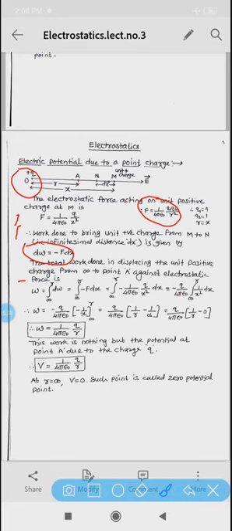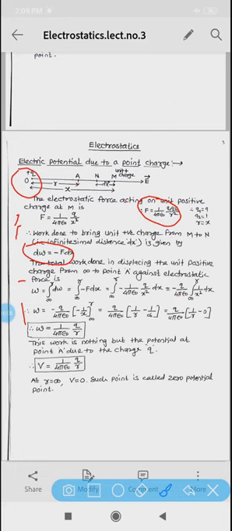So minus plus, so W is equal to q upon 4 pi epsilon 0 in bracket 1 upon r minus 1 upon infinity. But 1 upon infinity is equal to 0, so W is equal to q upon 4 pi epsilon 0 in bracket 1 upon r minus 0, or W is equal to 1 upon 4 pi epsilon 0 q upon r.